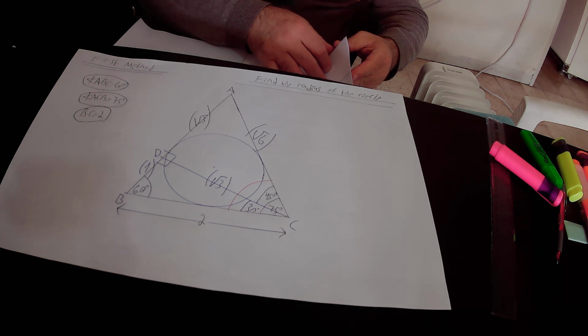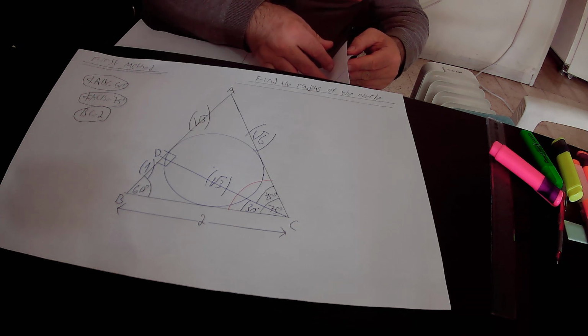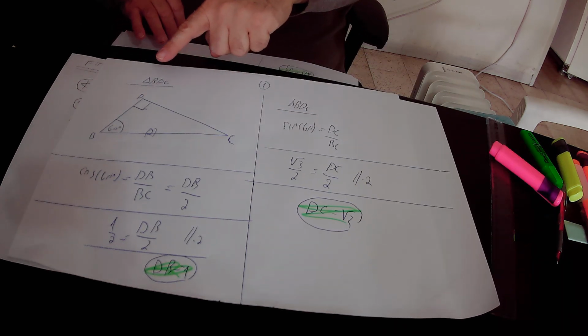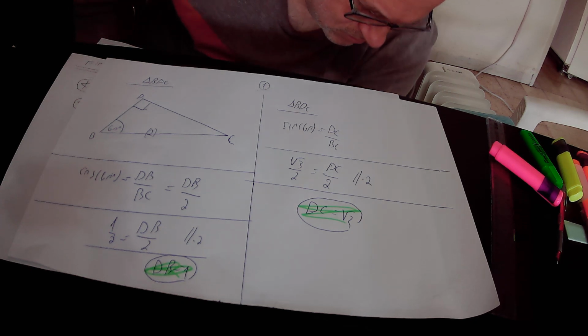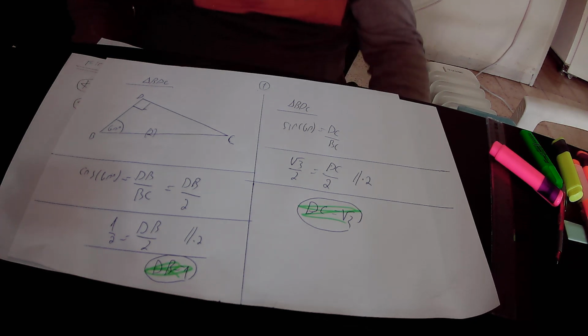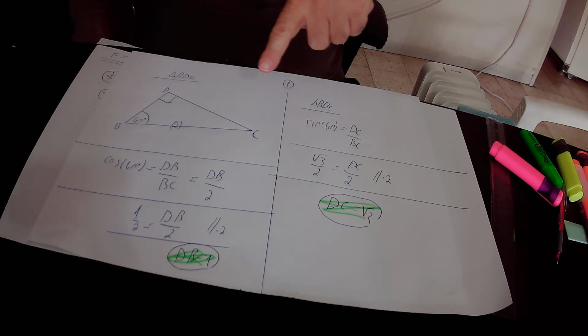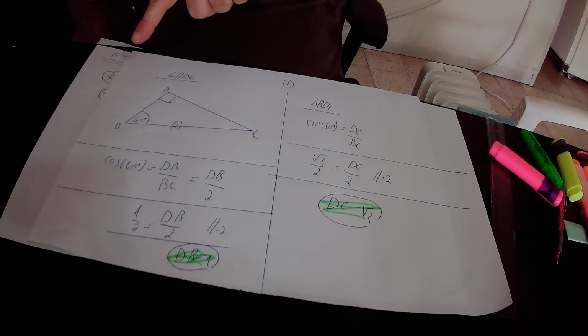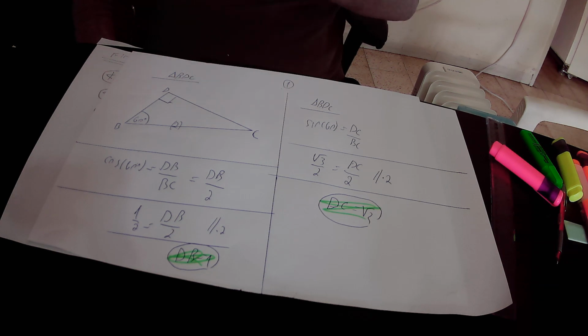This is triangle CDB that I copied from the original drawing. BC equals 2 and angle B equals 60 degrees according to what is given in the question. This angle equals 90 degrees according to our construction.